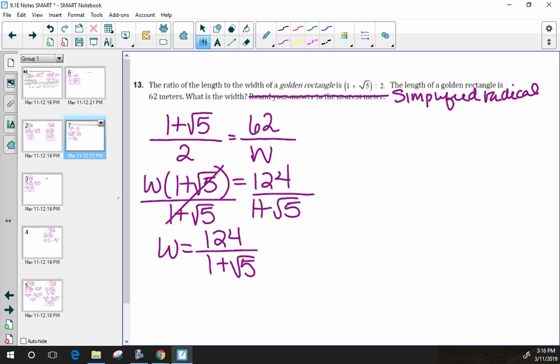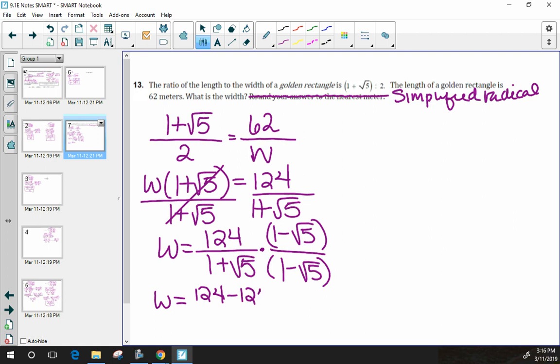The conjugate of 1 plus square root of 5 is 1 minus the square root of 5. So on the top, that means 124 minus 124 square root of 5 when I distribute. On the bottom, it just means 1 squared minus square root of 5 squared.